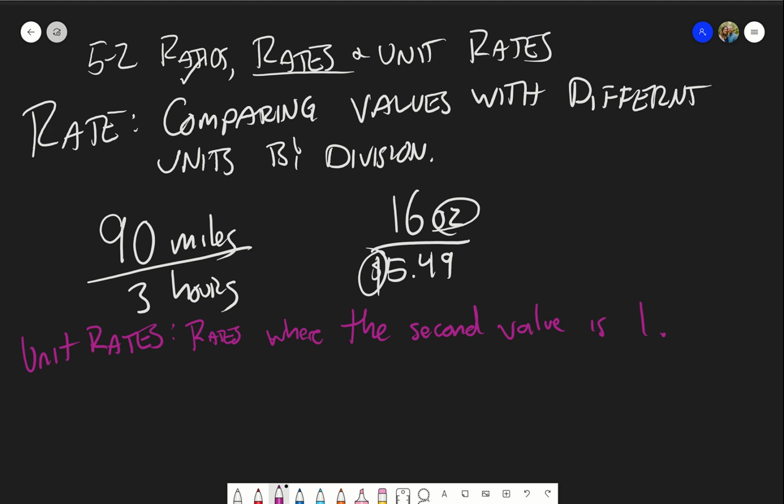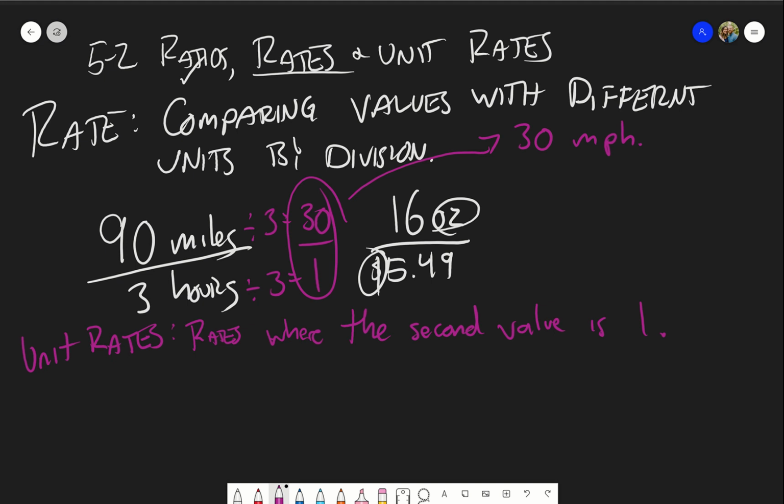So to get from a rate to a unit rate, you divide the rate by whatever it takes to get the second value to be 1. So you would divide this by 3 to get 1, and divide this by 3 to get 30. So this is 30 miles in 1 hour, or 30 miles per hour. Okay, so that is one way you might see that.